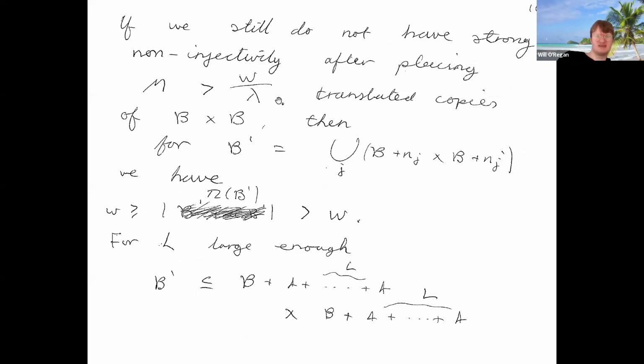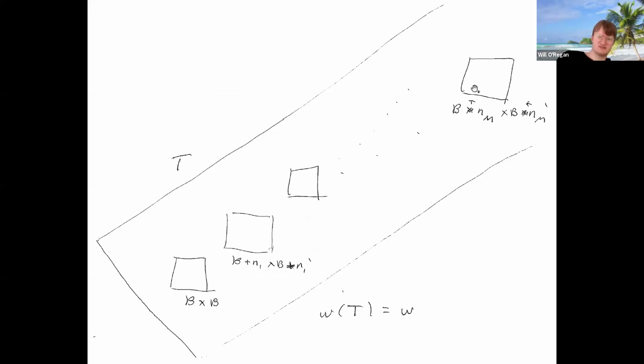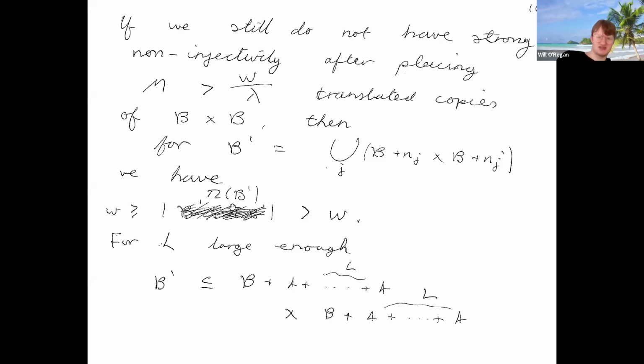If you still don't have non-injectivity after placing more than the width of the tube divided by the Lebesgue measure of B plus UB, then consider B prime, which is the union of all of these translated copies of B cross B. Well, this projection to x plus uy is going to exceed the width, so that just can't happen.